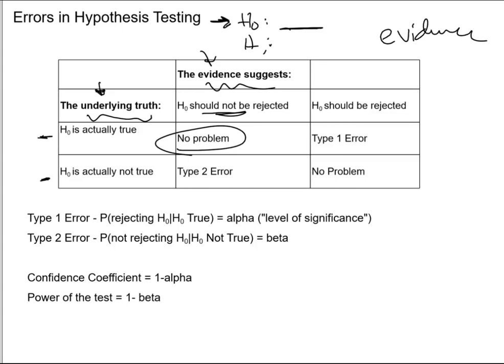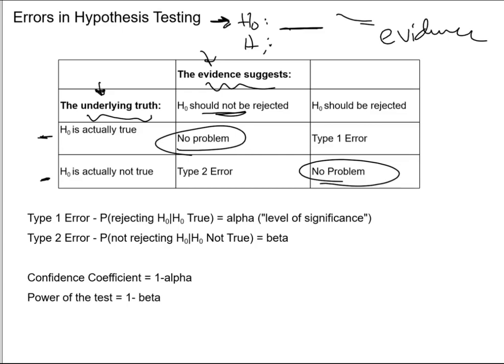Alternatively, what if the null hypothesis is actually not true? What if the thing that we are investigating in the alternative hypothesis is actually true, and the evidence tells us that the null, you should reject that null. In the case that the null is not true and we reject it, again, no problem. That's not a problem whatsoever, right?